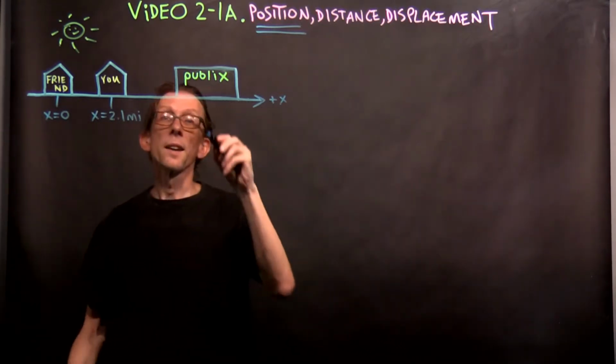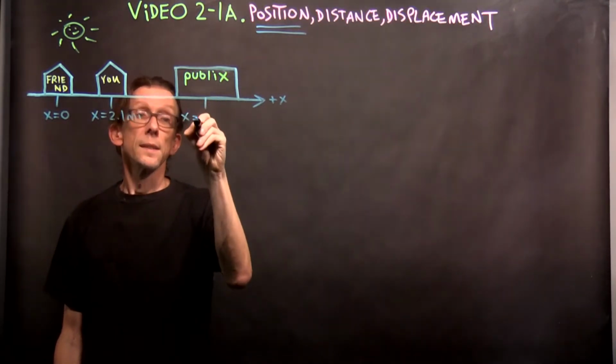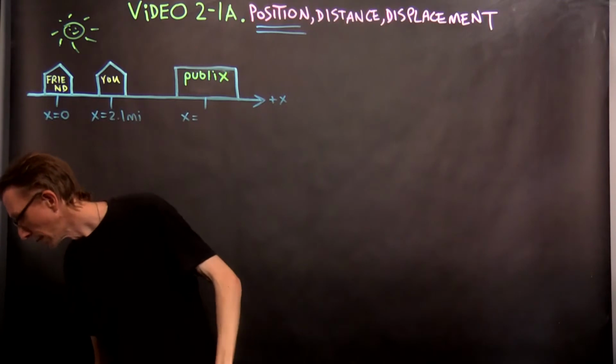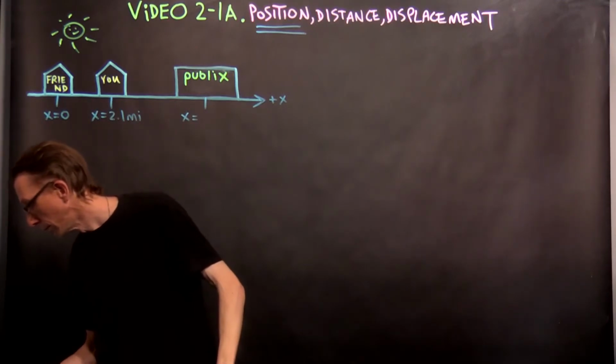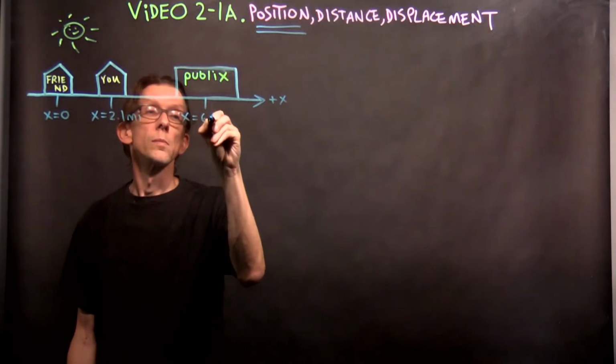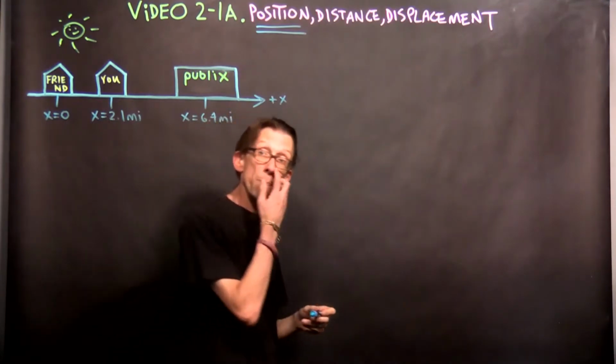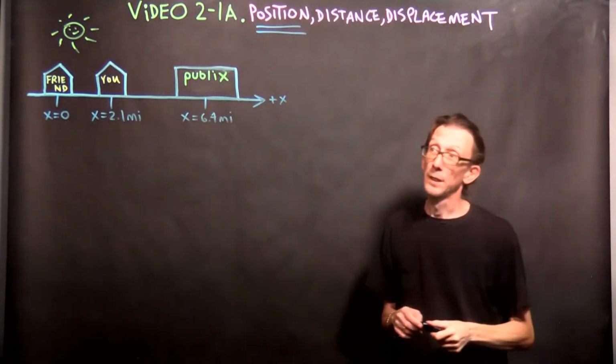And let's say that the position of Publix, let me get my numbers right here, is 6.4 miles. So x is the position, okay?